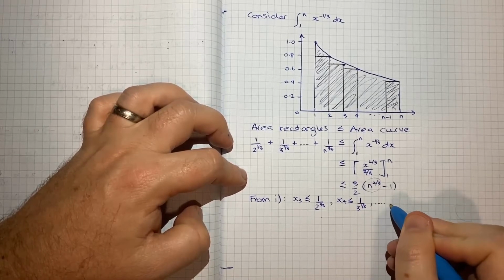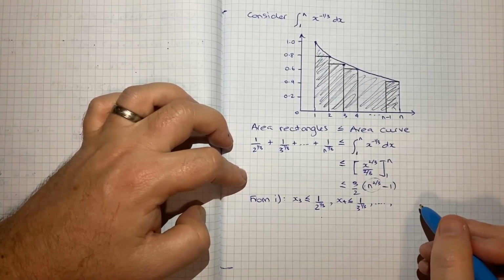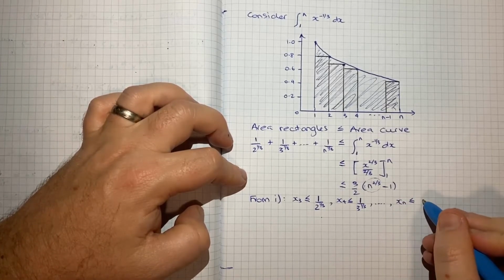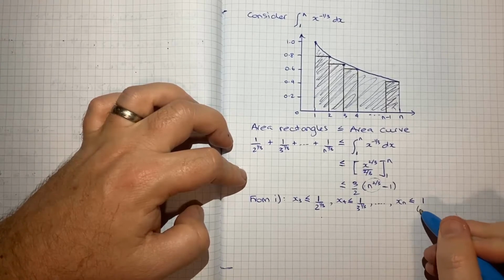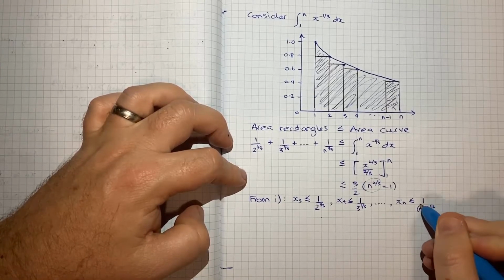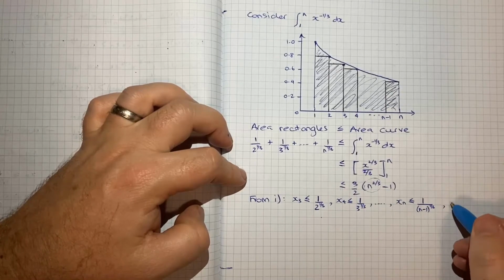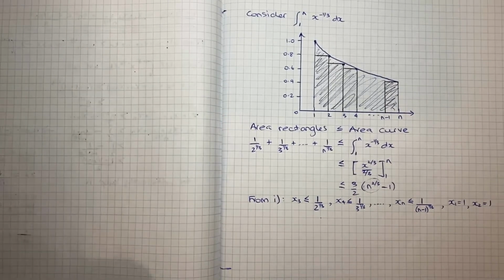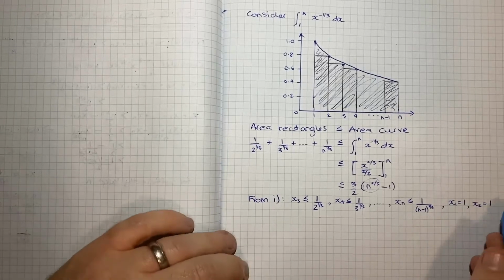And so on, all the way up to x to the n will be less than or equal to 1 on n minus 1 to the third. So we know that from part 1. We also know that x1 is equal to 1 and x2 is equal to 1. So that's always going to come into play.